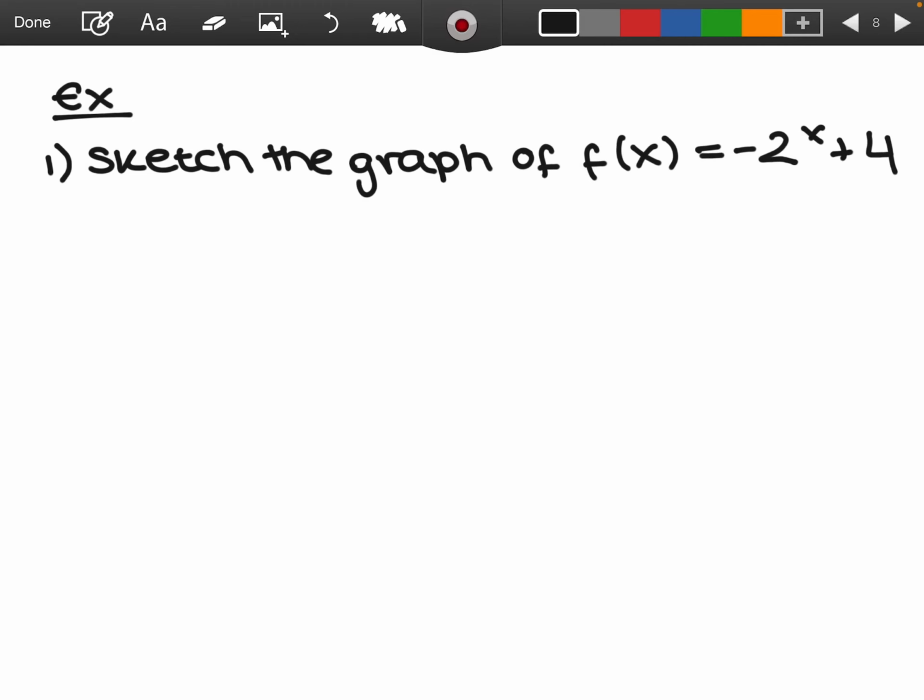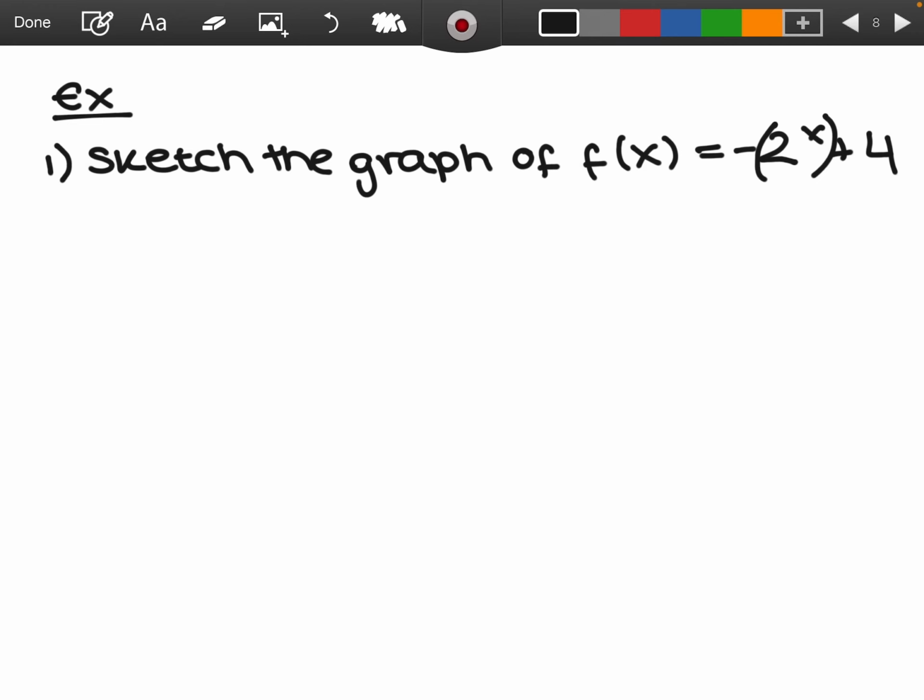I've not got 2 to the power negative x, I've got negative 2 to the power x. You can even add in parentheses here to help you. So I've got the negative outside the function. Because it's outside the function, it means it's doing something vertically, not horizontally.